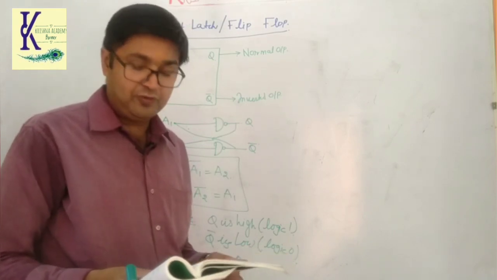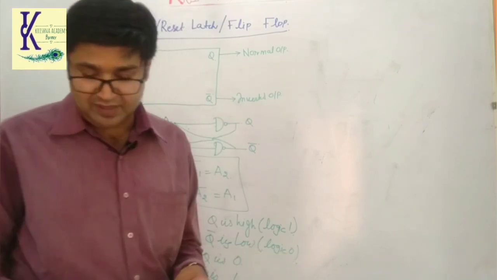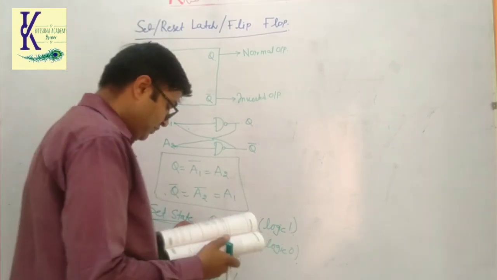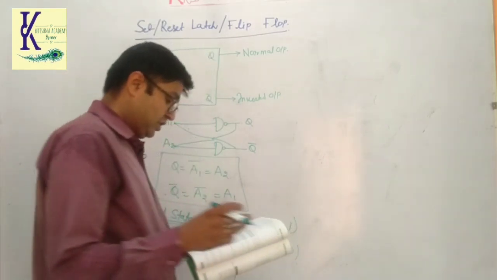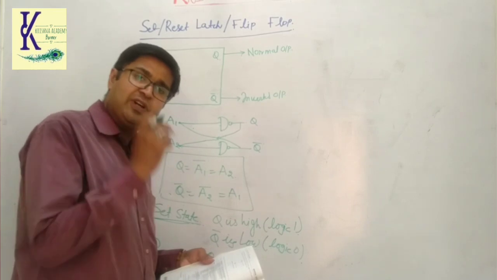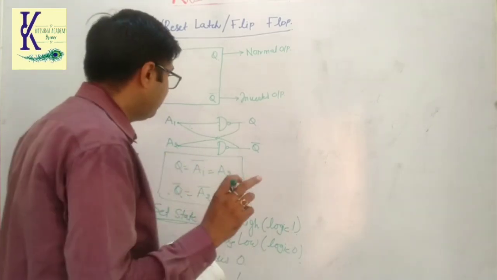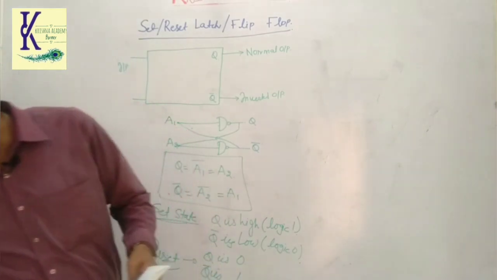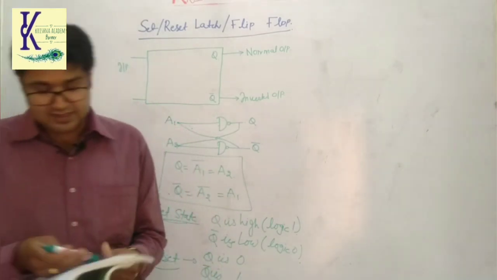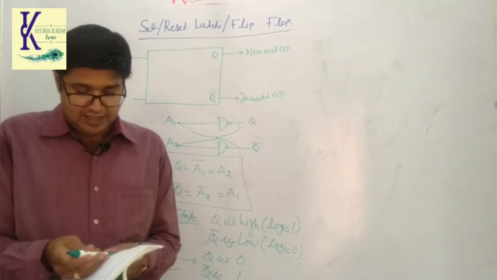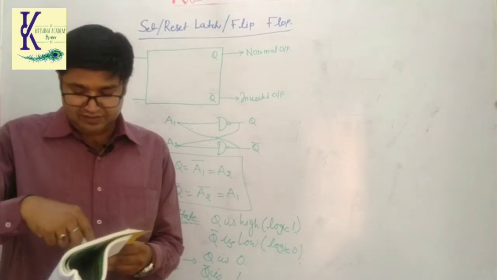Now for a flip-flop to act as a memory element, it should retain the information. Now we will talk about two things which we have already understood, but it is essential for you to learn: edge triggering and level triggering.